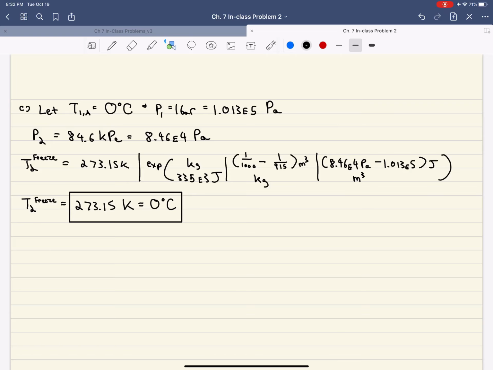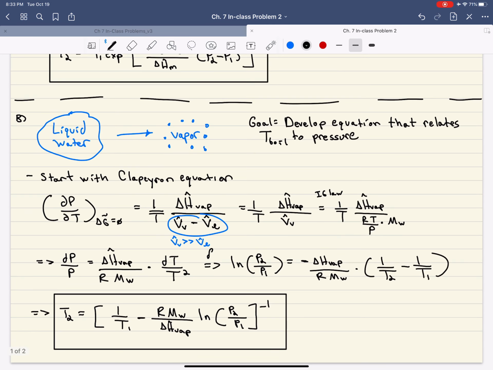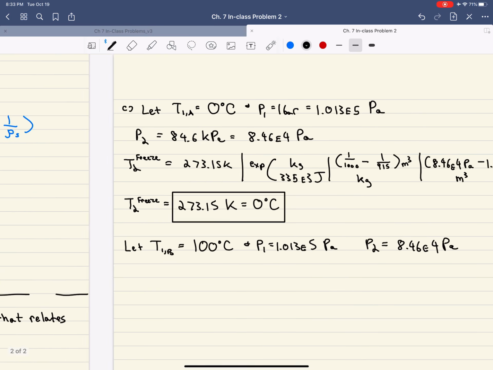Now on the other hand, let's look at the boiling point. If we let T1b equal 100 degrees Celsius, the pressure is still 1.013 e to the 5th Pascal, and P2 is also still 8.46 e to the 4th Pascal. To find the new boiling point, we go to our answer for part B, and all we do is plug and chug.